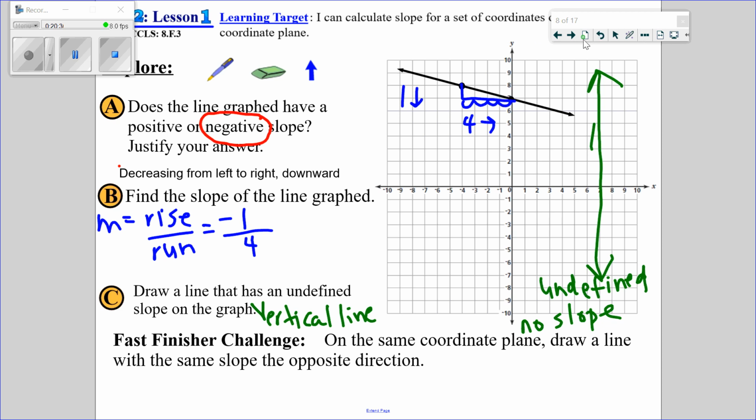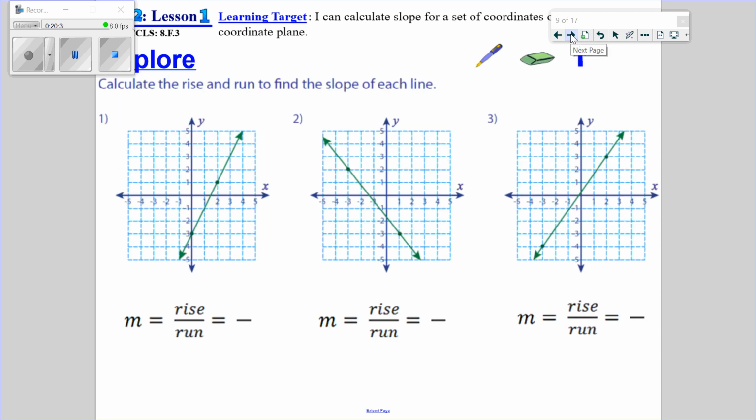Now we're going to go to the next slide, and it says, calculate the rise and run to find the slope of each line. I look at the first one from left to right. It's a positive slope because it's increasing. So now I'm going to do my rise over run. So I go to the first point, and I go up and to the right. So let's see what our rise is. I'm going up.